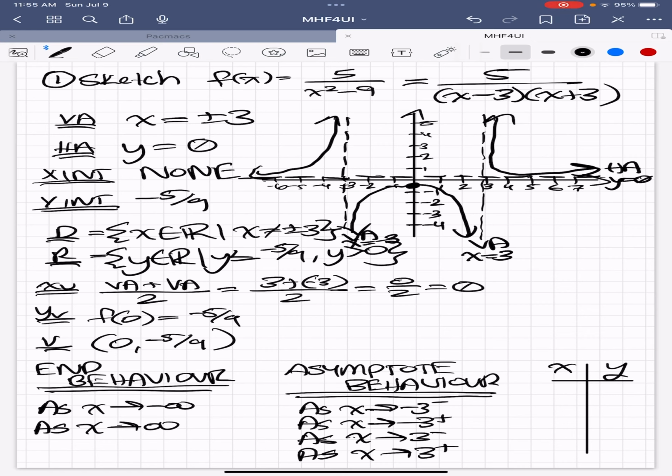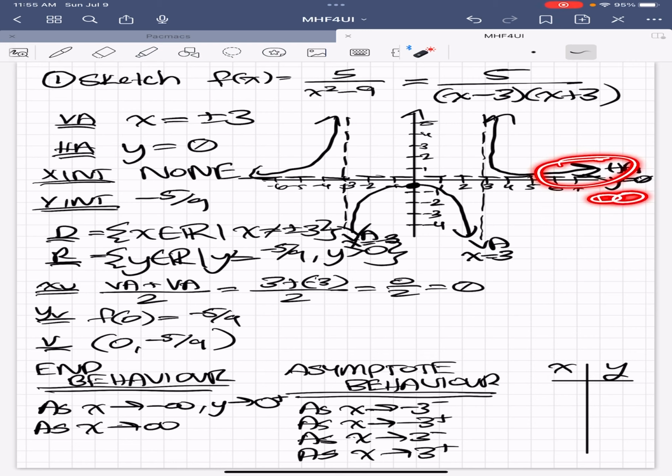As it goes to negative infinity, I see here that it approaches 0 from above the x-axis, so it's going to be a 0 plus. And as it goes to infinity, I see the same thing happening here. It approaches 0 from above the HA, from above the x-axis, so it's also going to be a 0 plus.